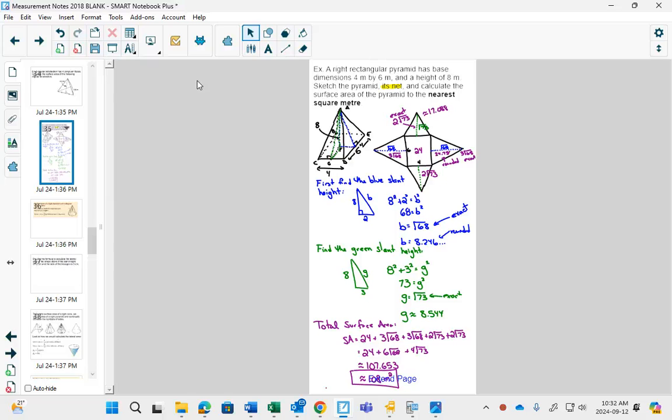I don't remember what my plan was. So the little label is like, oh yeah, I was finding the blue slant height. That helped me get these two areas. Then I had a section where I found the green slant height. I labeled things as I went along, and then I found my total surface area by adding up all 5.